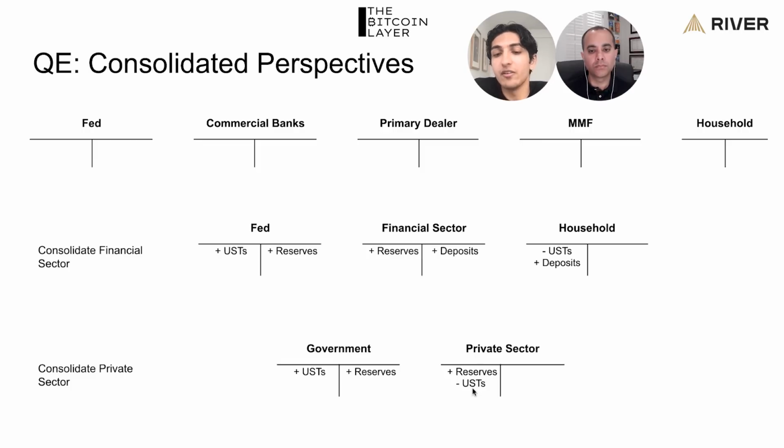So if we have a steep yield curve, which we typically do when the Fed is buying treasuries, prior to the QE transaction, the treasuries were yielding, let's say, like 2 or 3%. And now that the QE has happened, now the private sector instead has reserves that are yielding 0%. So all that's really happening is that risk is being removed from the private sector's hands and given to the Fed. And again, it's sort of debatable whether that constitutes money printing, and whether it's inflationary for the real economy.